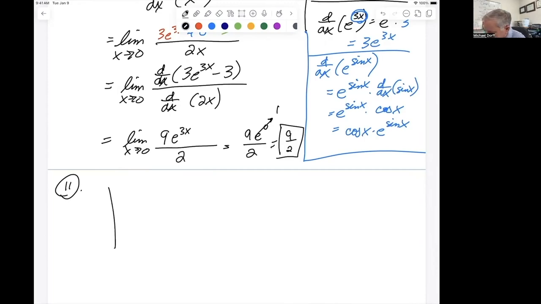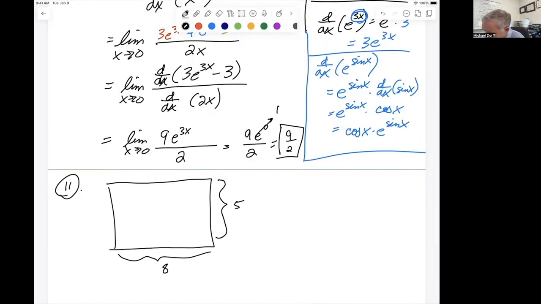Okay, so you have a piece of cardboard here. We're going to say this is 8, this is 5, and then you're going to put it in red here, little corners here that you cut out. Each of these is x. And when I do that, I can now make a new box by folding those edges up. It kind of looks like this.